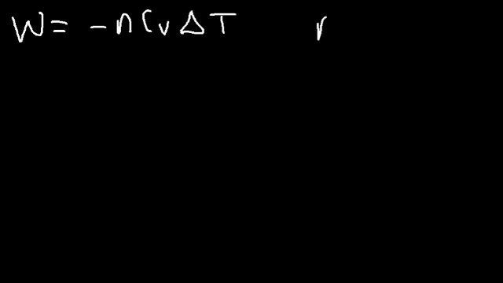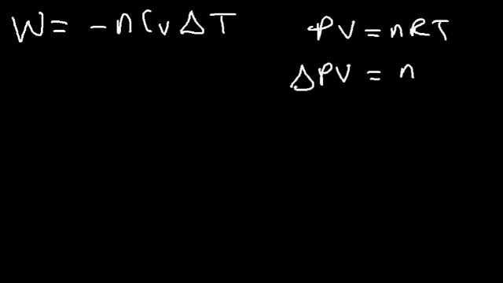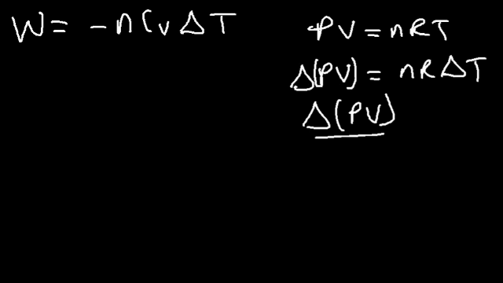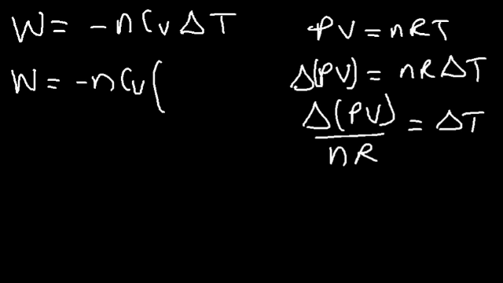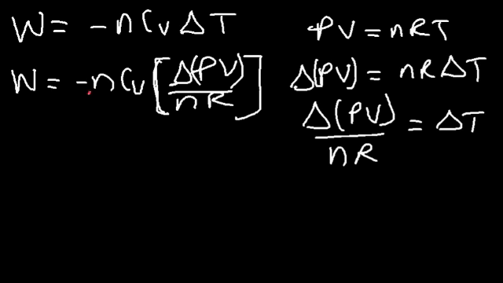So using the equation PV is equal to nRT, the change in PV is equal to nR times the change in T. So the change in PV divided by nR is equal to delta T. So we have nCV times delta PV over nR. So n cancels. So here's another equation that you might find useful.